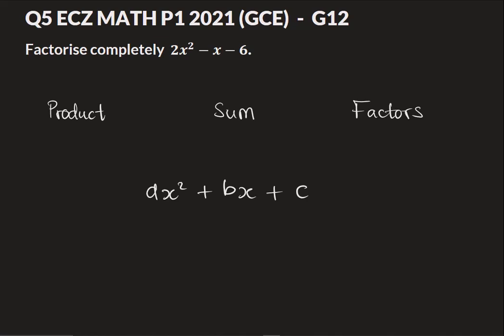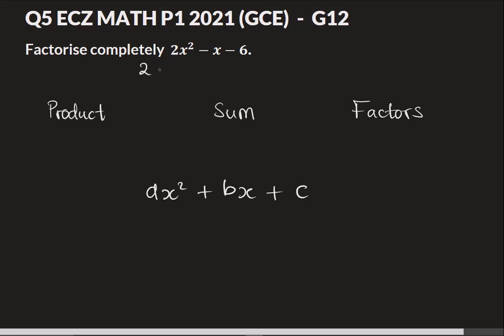I've just created some space so that we can write our expression and identify its parts. So this here is a, our b is here, and our c is this number here.